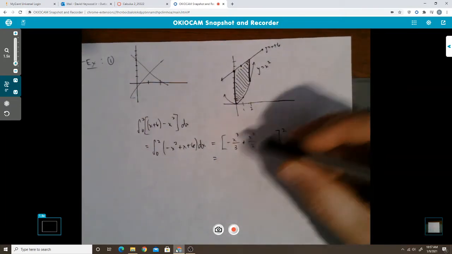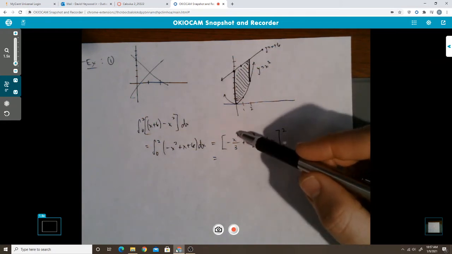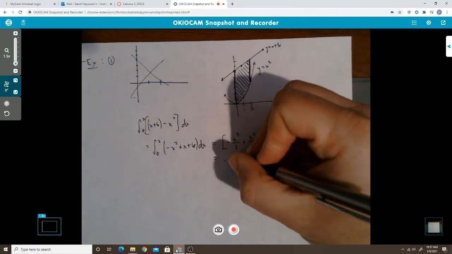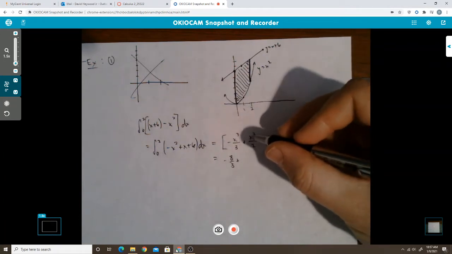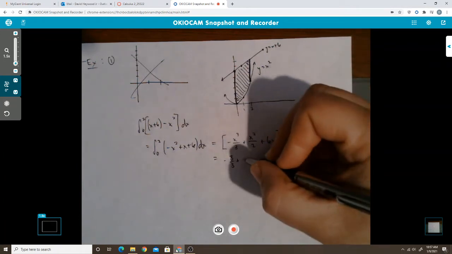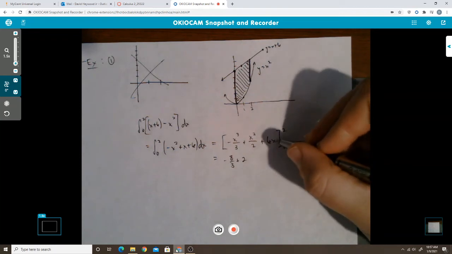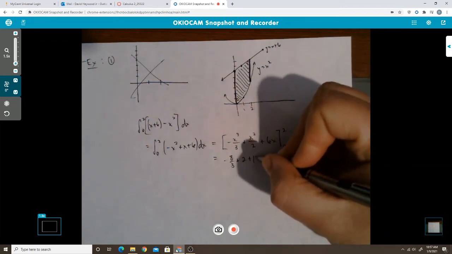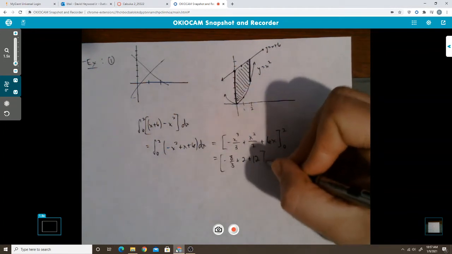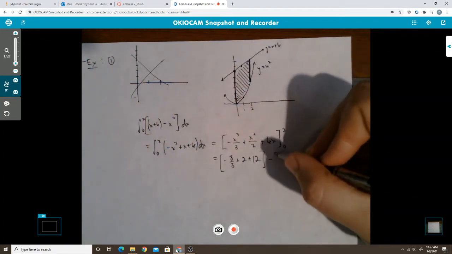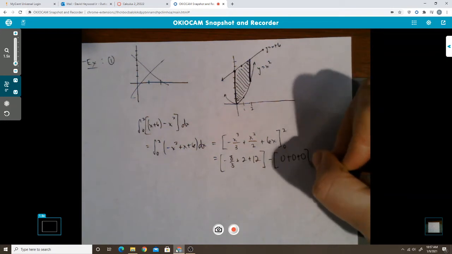Okay, so then if we plug in, 2 cubed is 8, right? So we get negative 8 thirds plus 2 squared is 4, 4 divided by 2 is 2, and then 6 times 2 is 12. Minus, when we plug in 0, we're going to get 0 everywhere, right? 0 plus 0 plus 0.